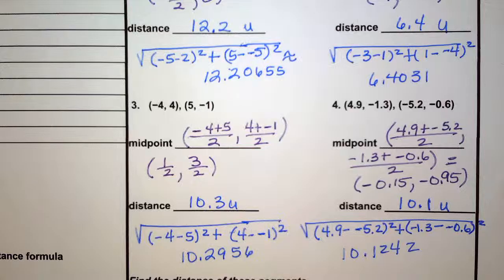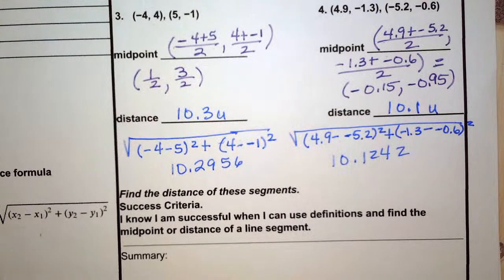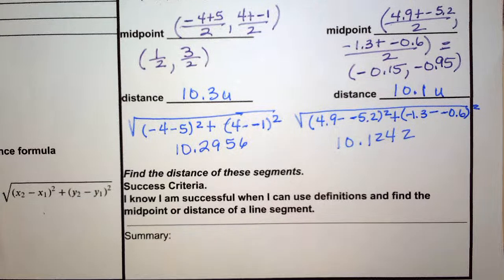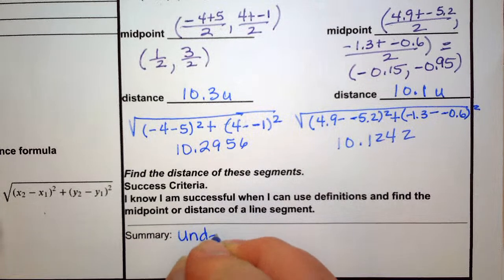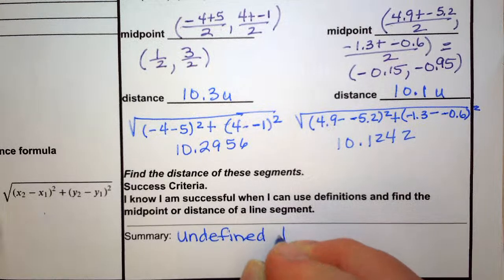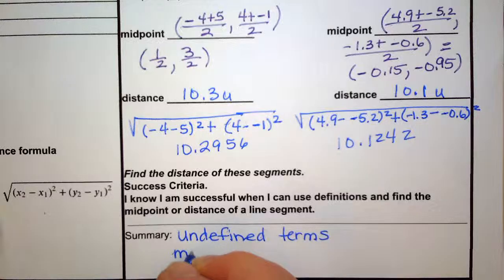So how do you know when you're successful? You know you're successful when you can use definitions to find the midpoint or distance of a line segment. So these are the undefined terms. Midpoint formula.